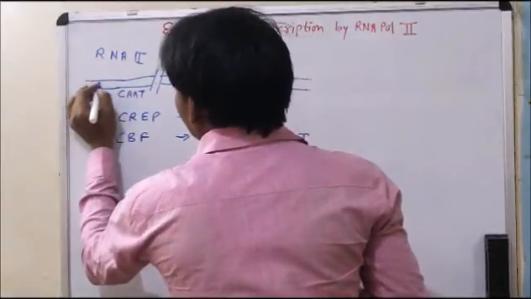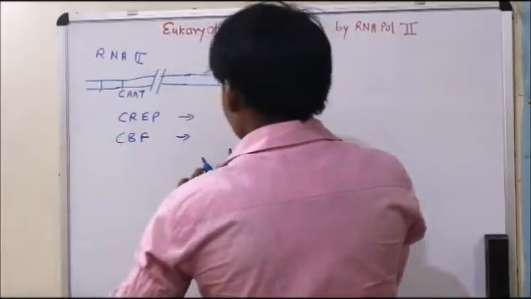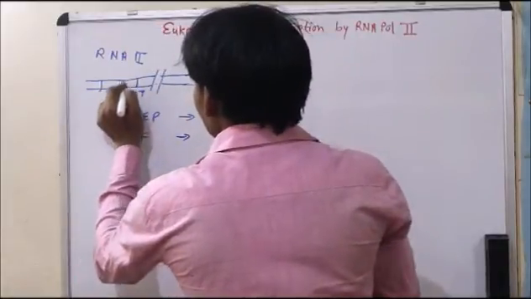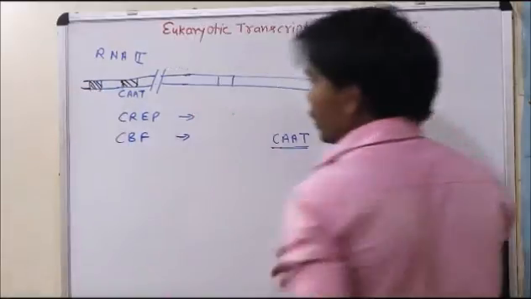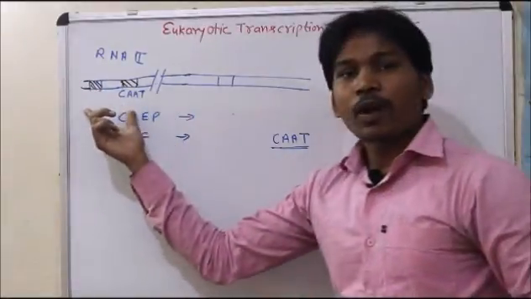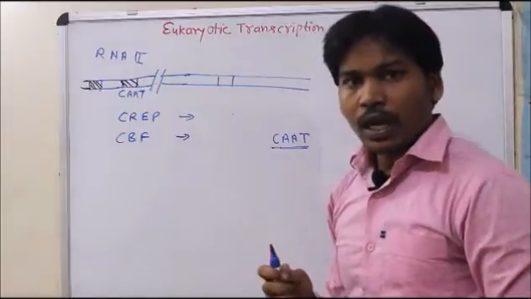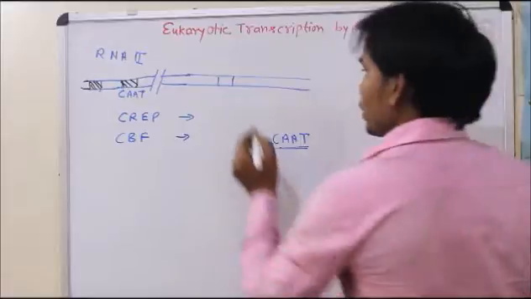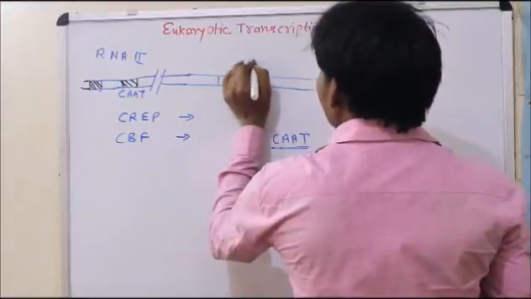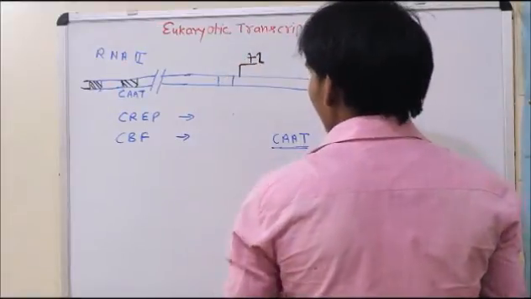That is the CAAT box, and another here is the GC box. This is the CAAT box. This is the GC box. These regulatory elements are found 1000 base pairs or 200 base pairs away from the promoter site, the initiator sequence. Suppose here the initiator sequence denotes the +1.